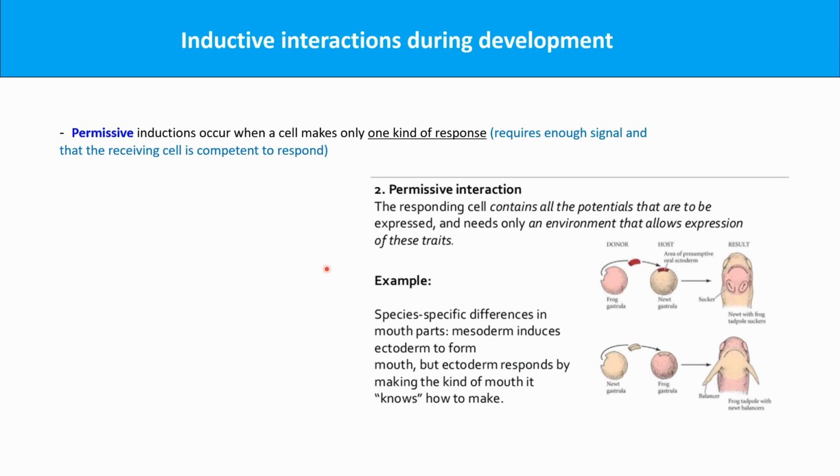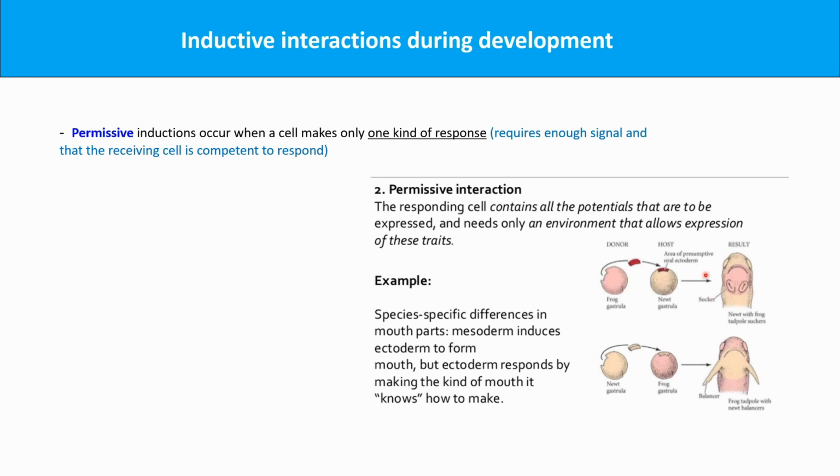In the permissive induction, we have this figure here where we have a frog gastrula and a newt gastrula, and we can do transplants between these animals since they're so close. But these animals normally look a certain way. The frog normally has these suckers placed here, and the newt normally has these balancers under his mouthpiece.